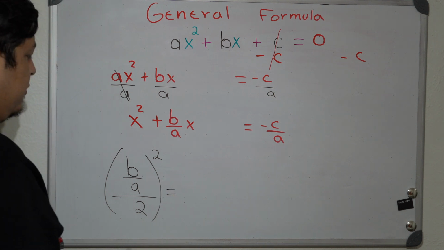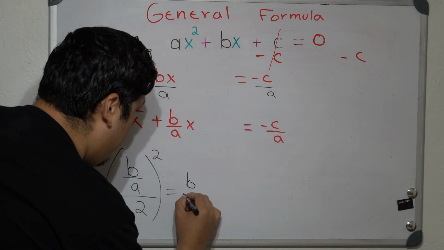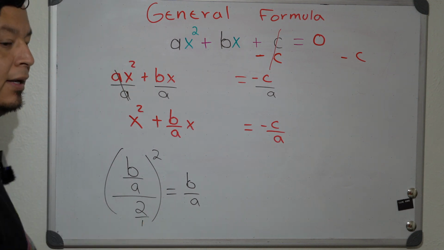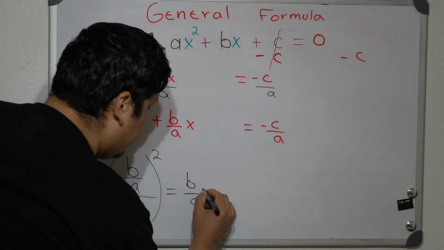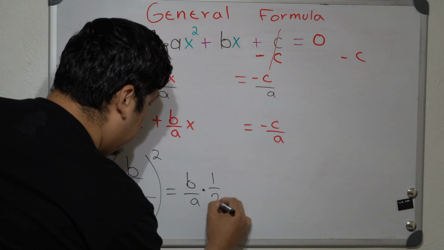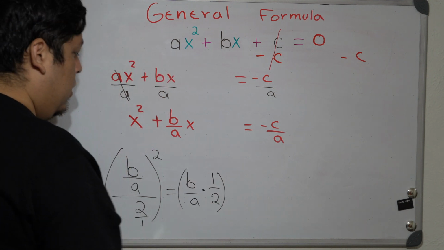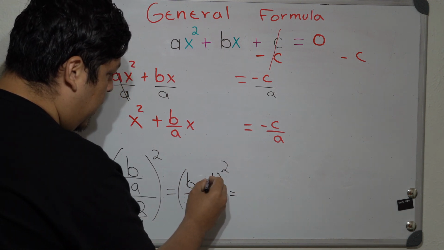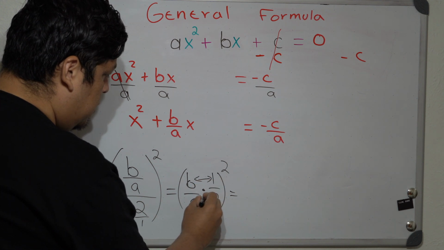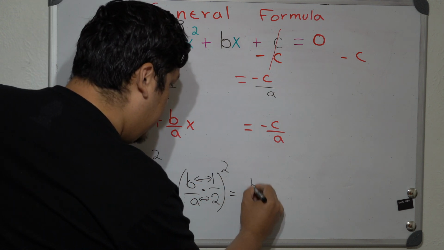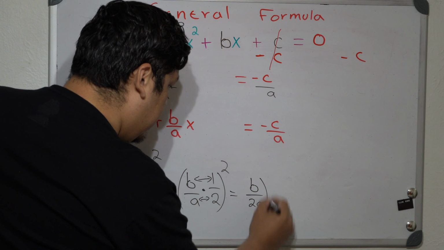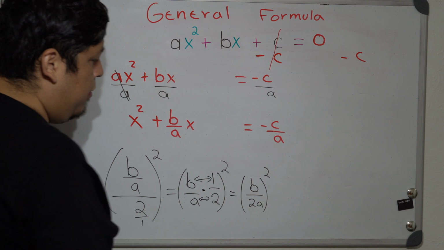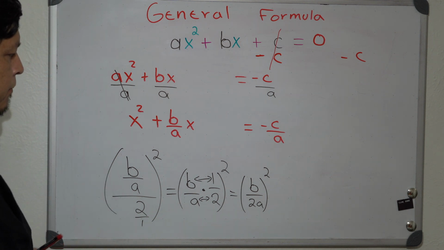This is the same as b over a, and 2 is over 1, so dividing is the same as multiplying by the reciprocal, so 1 over 2, and this is all squared. When I multiply straight across, I am left with b over 2a, squared. We need to keep this for visual representation for now.